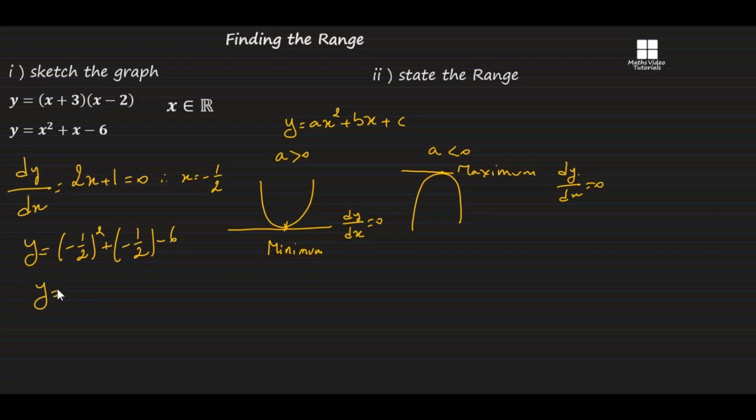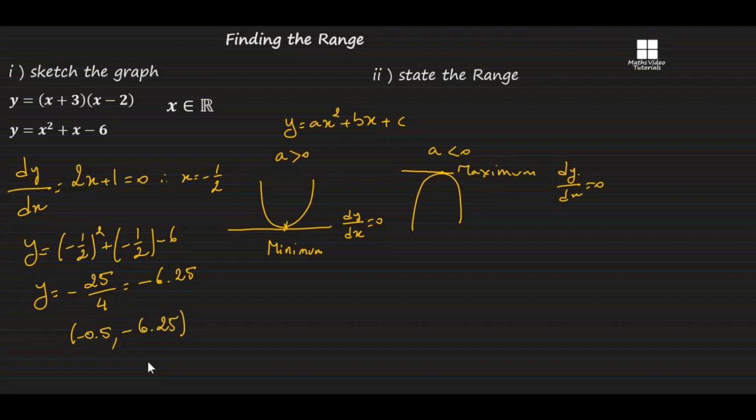You put this in your calculator and you get a y-coordinate which is minus 25 over 4, and that will give you, as a decimal value, negative 6.25. So now we have worked out the turning point, which is a minimum. It has a coordinate of negative 0.5, negative 6.25.